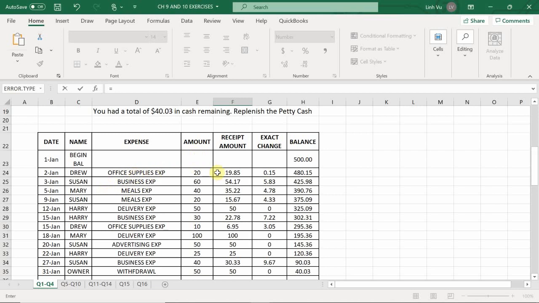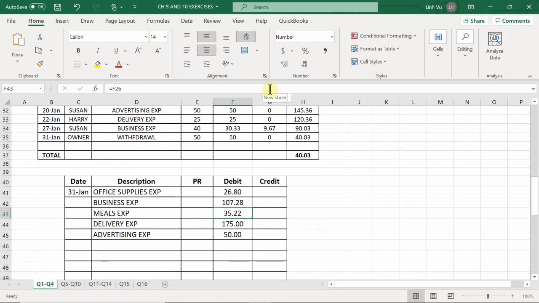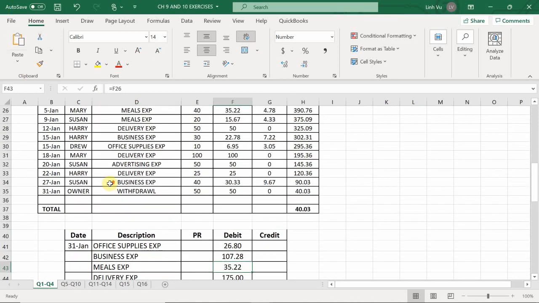So, we have the $54.17. We have the $22.78 plus a business expense of $30.33 to give me a grand total of $107.28 in business expenses.